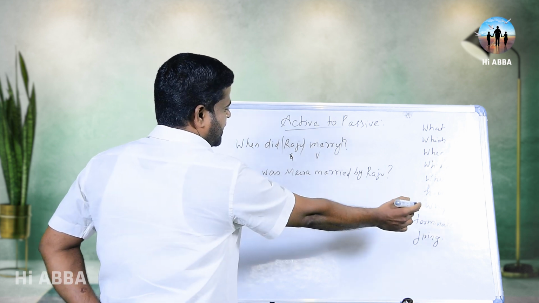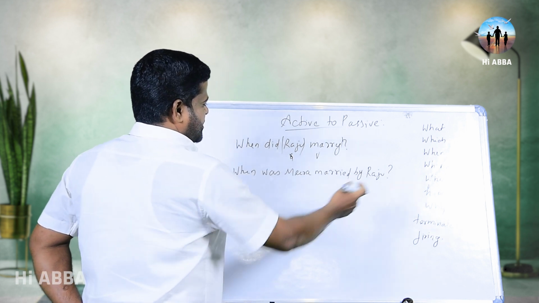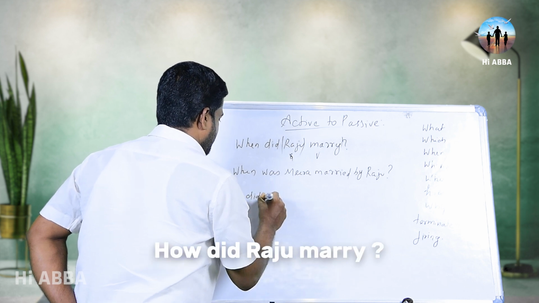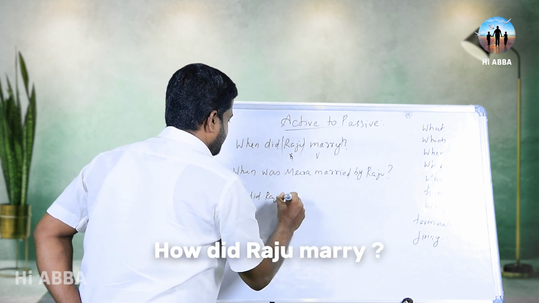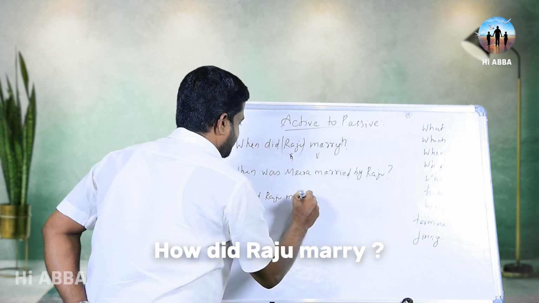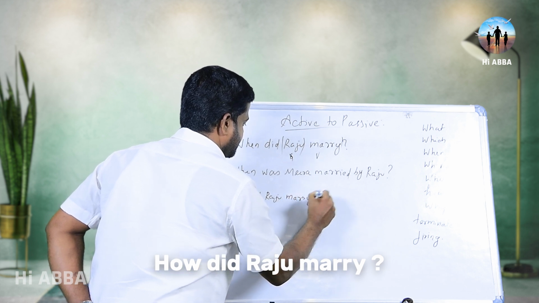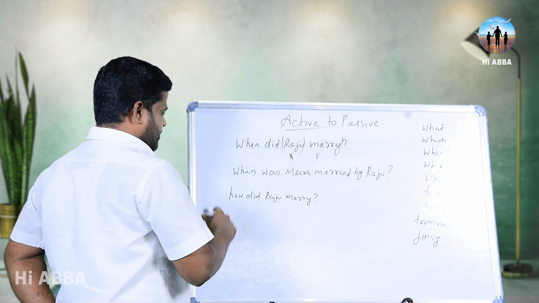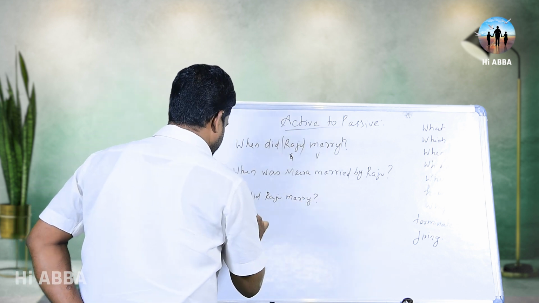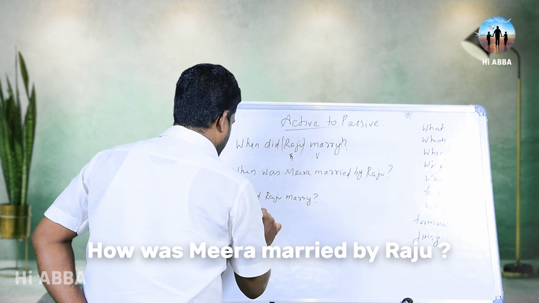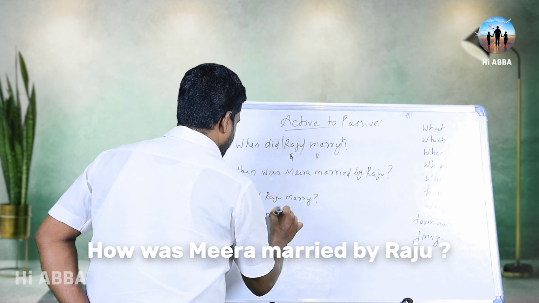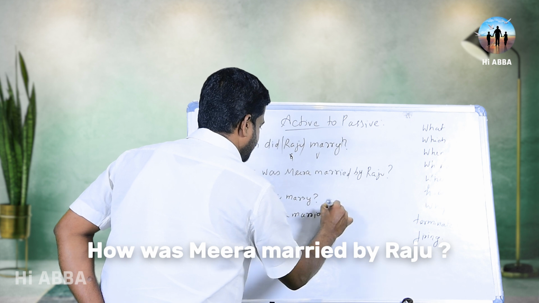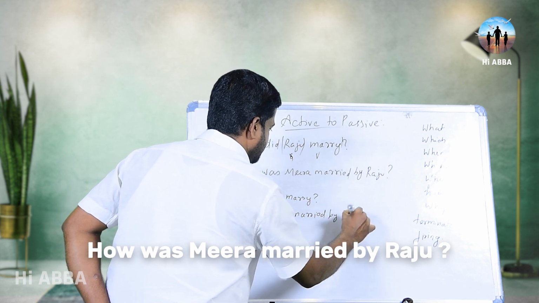Now again, you can write some other sentences using that. Now, let us say, how did Raju marry? Now again, to change this one: how was Meera married by Raju?